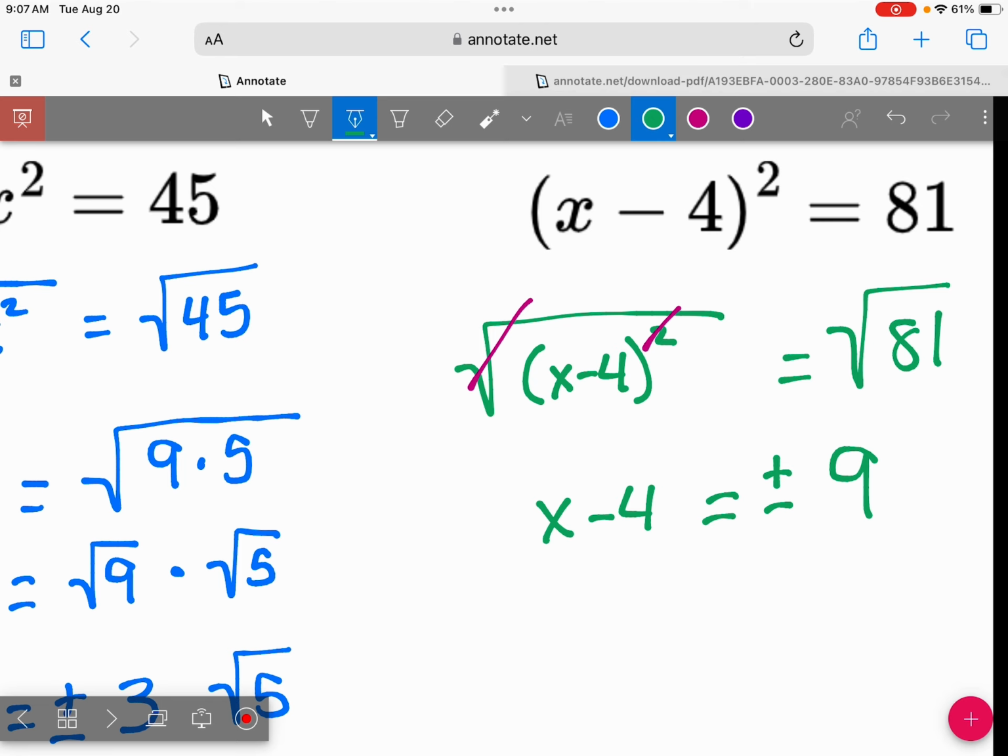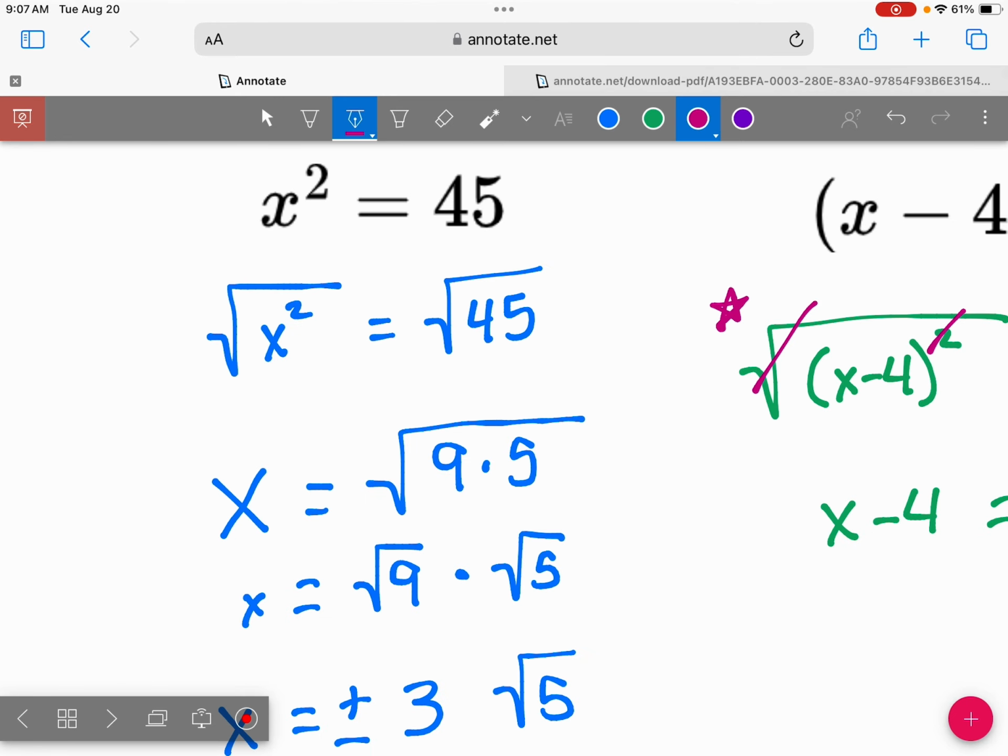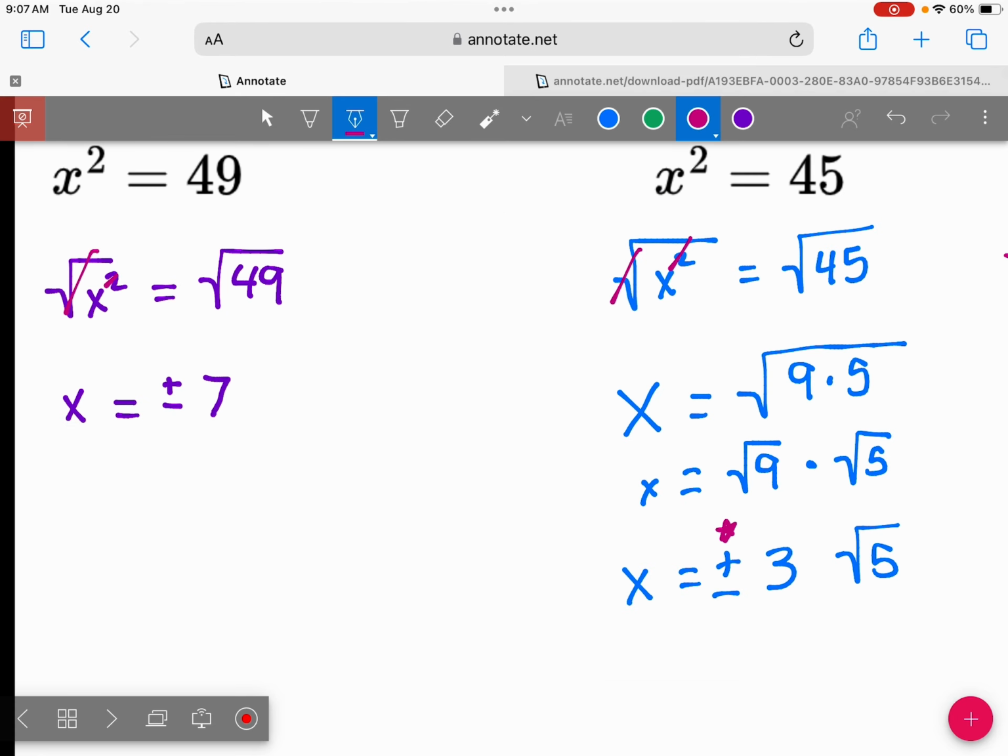When we take the square root of a perfect square, so if I cancel out a squaring, we have to watch out for that plus or minus. It's this part that gives us the plus or minus. So over here, it was when my square root and my square canceled out that gives us this plus or minus.